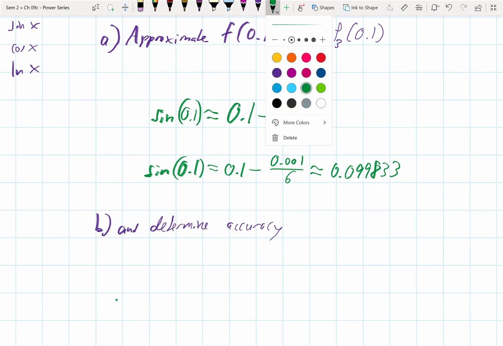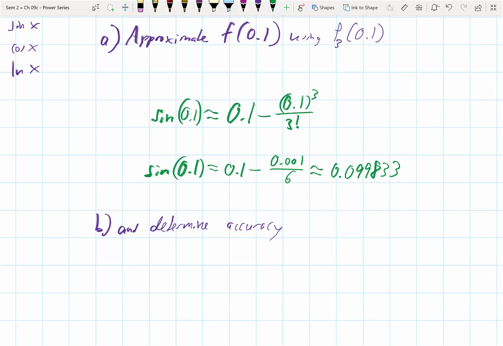Given this, to determine accuracy, we're going to say r sub 3 of x equals the fourth derivative of f at z over 4 factorial times x to the 4th power. Now, why x to the 4th power? Well, because we are essentially centering this.